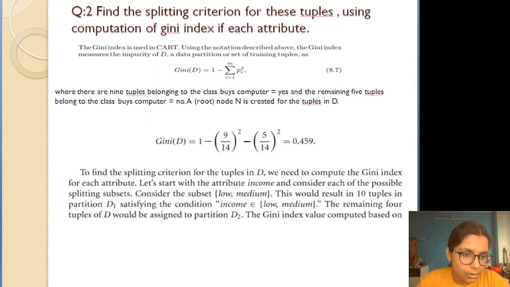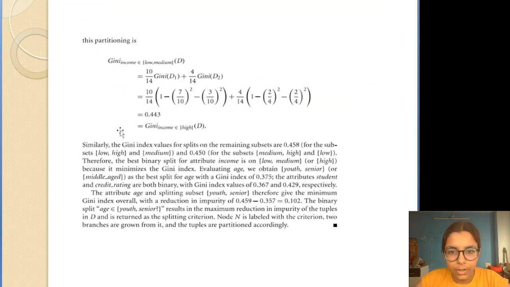Okay, so for the next one, we would take this low and medium one and generate its own value. Obviously, just like the information gain, we would take every attribute and calculate its value, just like we did for the youth one, the middle age one, the senior one.